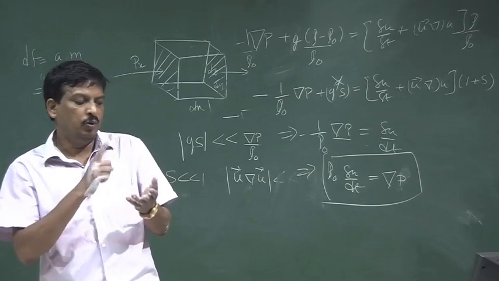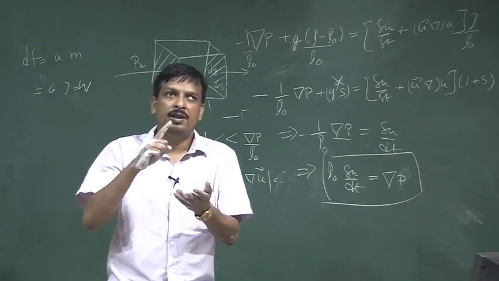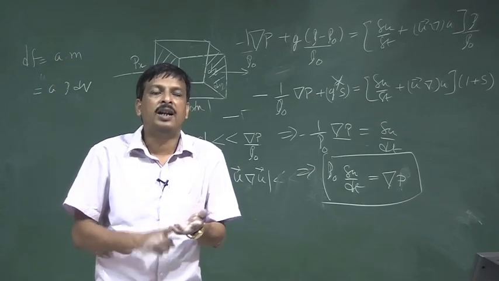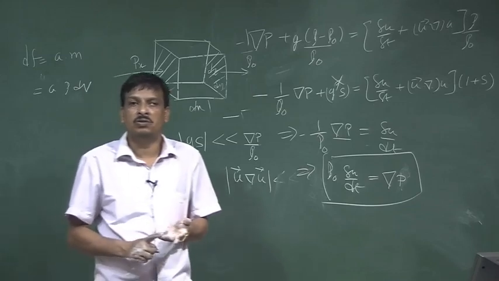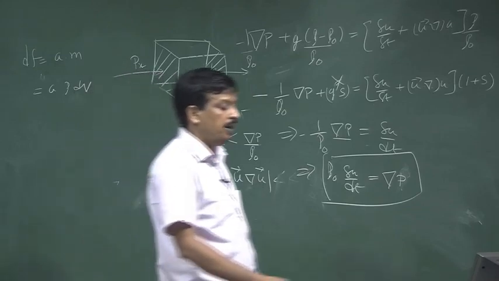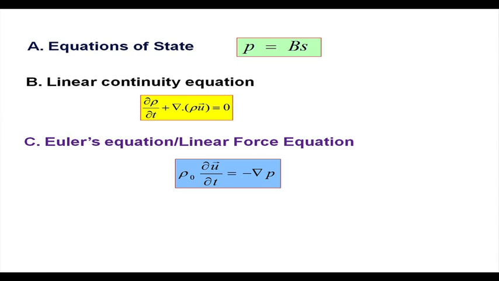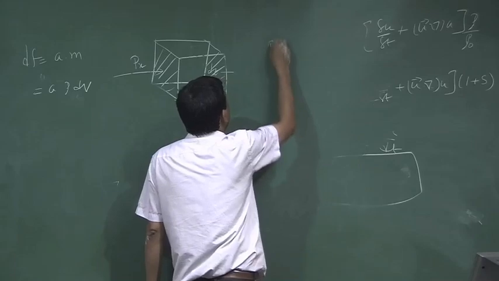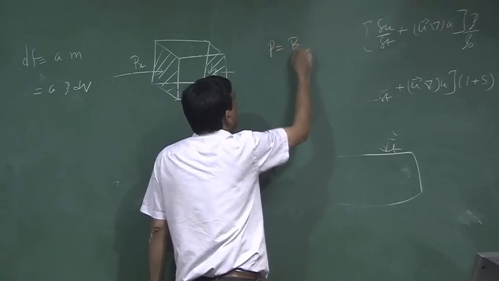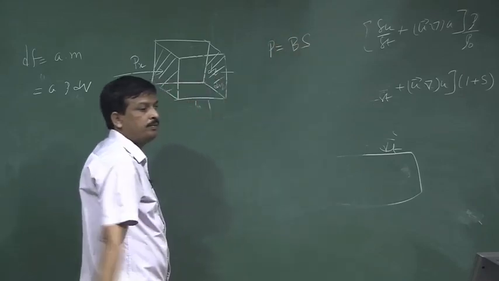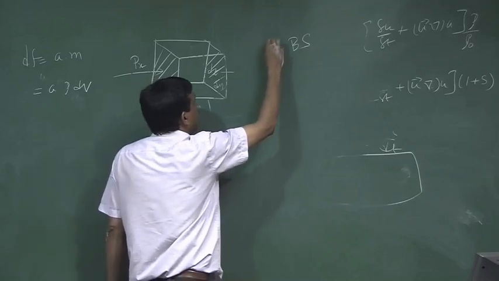So, I get the equation of state, the equation of continuity, and the equation of force. These three equations, if I write them, what are they? Equation of state: P is equal to B into S, where P is the acoustic pressure, small p.